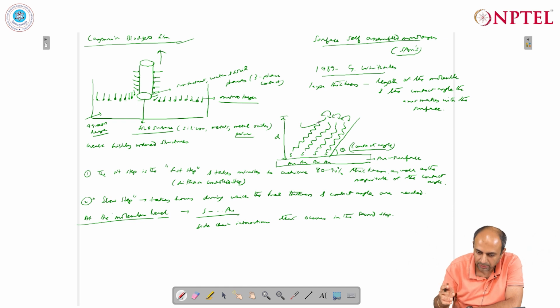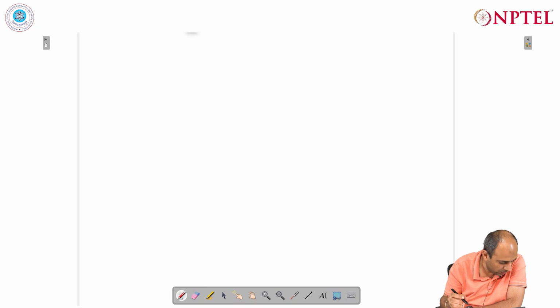And just to appreciate this particular aspect, one last example I would like to tell you. We can now say, for example, we have got a ferrocene unit.